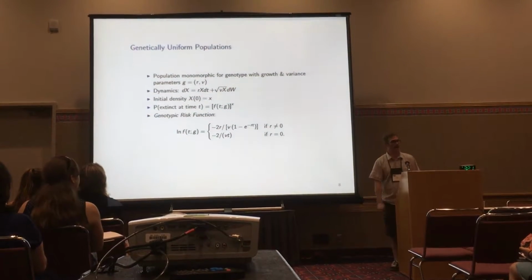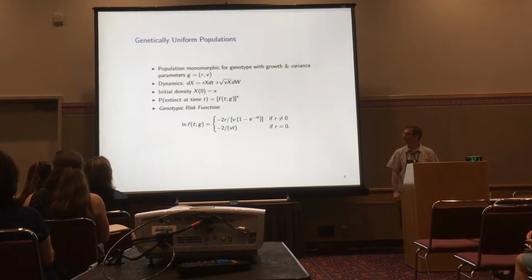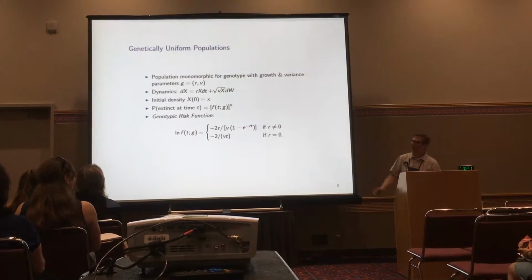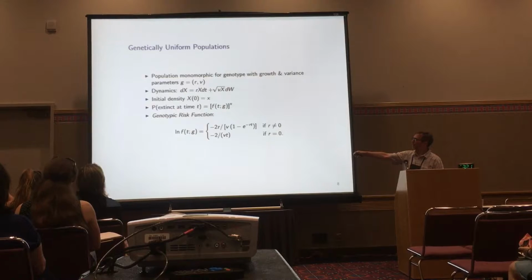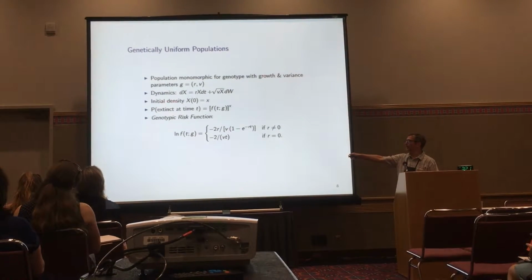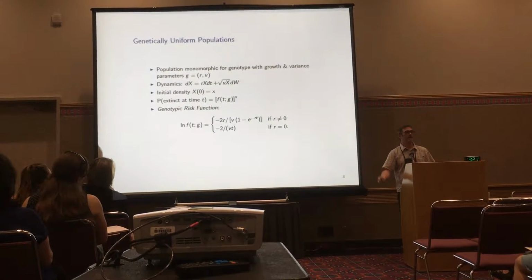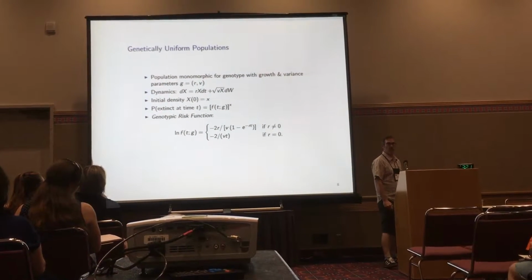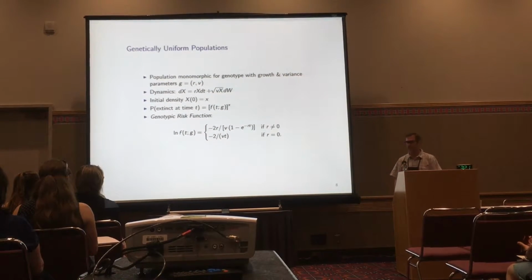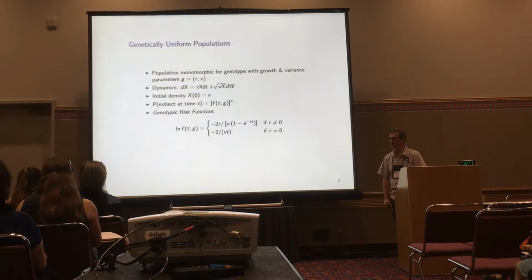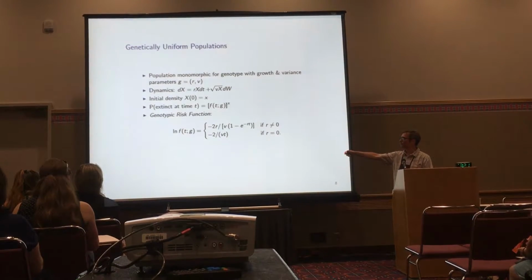And Feller showed back in the mid-1950s that the probability of extinction by any time t is given by this expression here. The x, by the way, is the initial density. Now this is a branching process, so each individual essentially reproduces independently of one another, and this form emphasizes that.